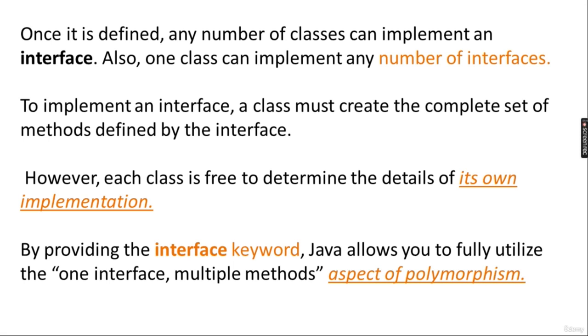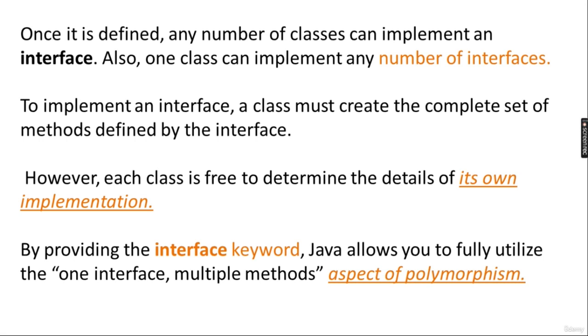To implement an interface, a class must create the complete set of methods defined by the interface. However, each class is free to determine the details of its own implementation. So any number of classes can implement any number of interfaces, but if they implement that interface, they must compulsorily define all methods in it.